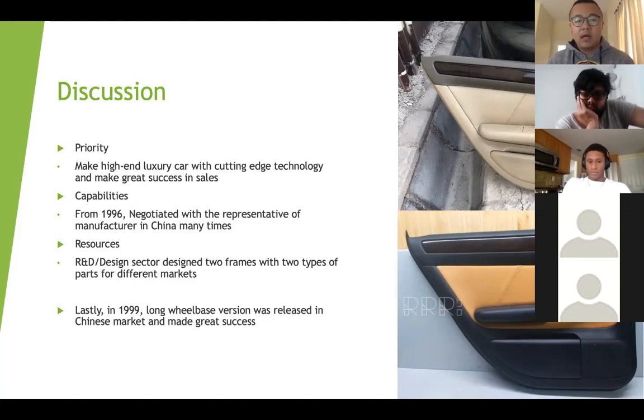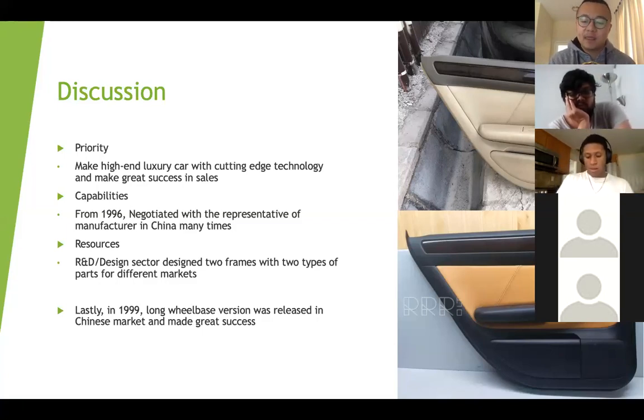So that's why the engineers, marketers, and representatives in the Chinese market told the manufacturer, the headquarters of Audi, we need more space for this car. But another concern is that it's very hard for a company to have two versions of one type of car, because you need a different platform, different structure, or different parts.